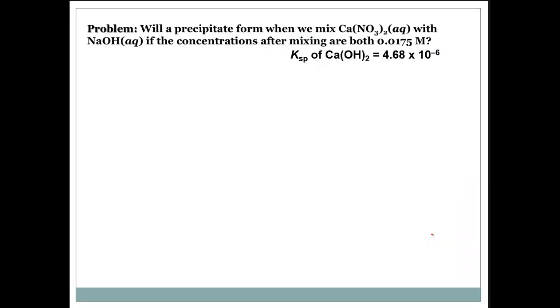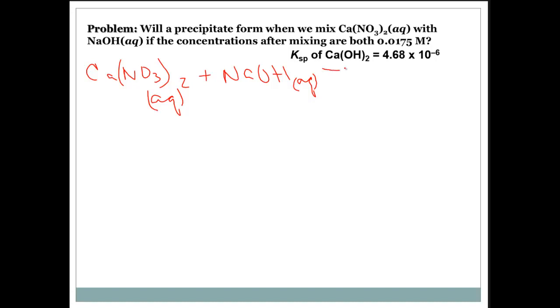Let's try another one. Will a precipitate form when we mix CaNO3 with sodium hydroxide? Both of those are aqueous. We have to figure out what our spectator ions are and what our net ionic equation is.